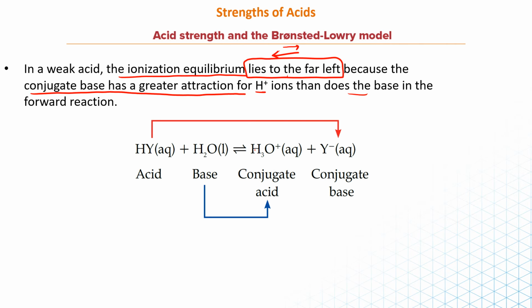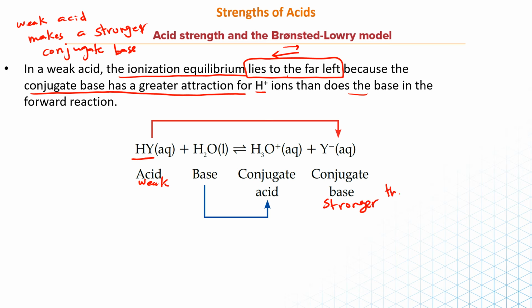So look here. This is an acid. This is a weak acid, guys. So now, a weak acid makes a stronger conjugate base. يعني هذا weak acid, هاي الconjugate base اللي هنا stronger than H2O.